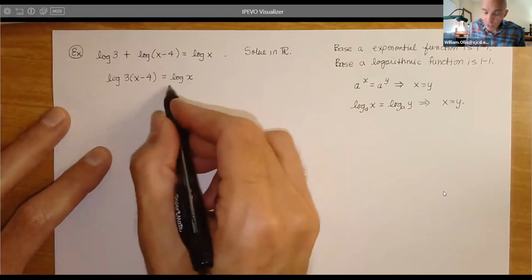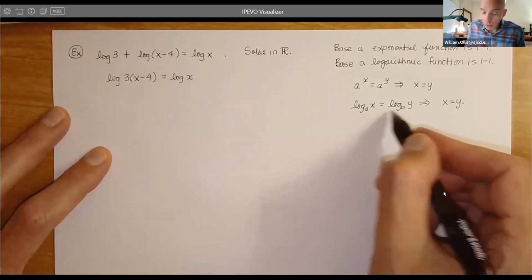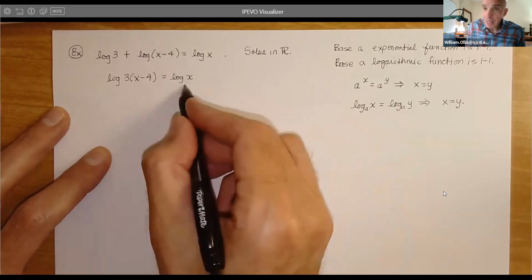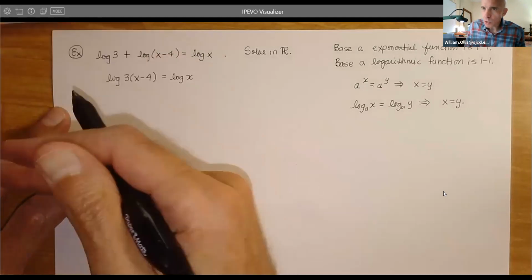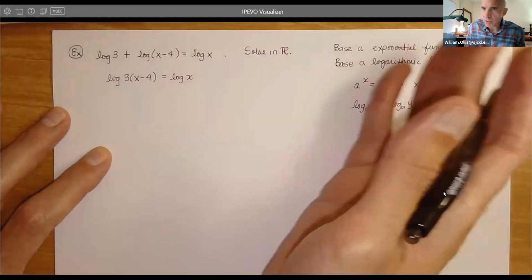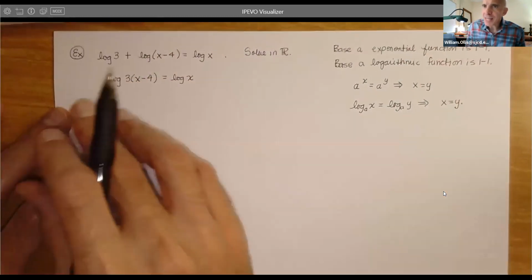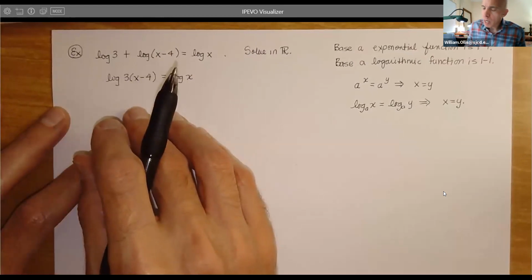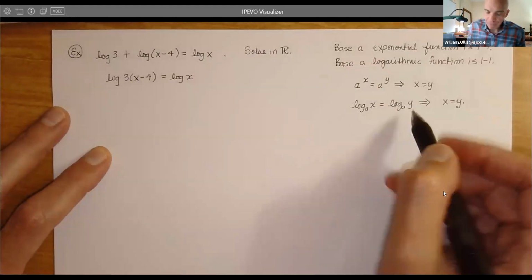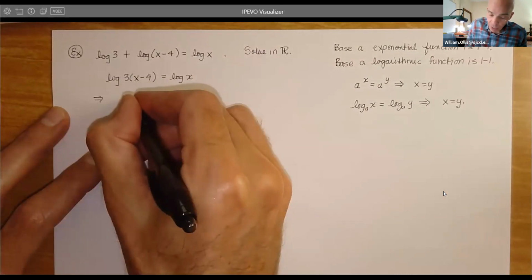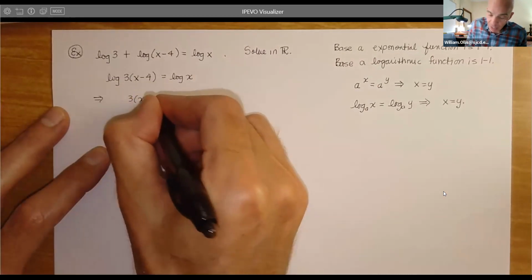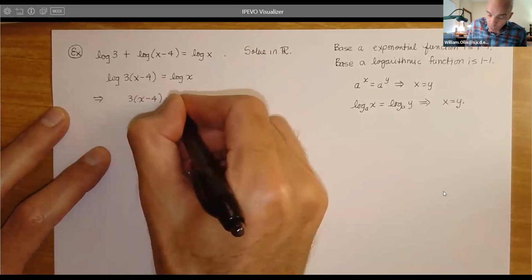So now notice we have 1-to-1. We have a logarithm equals a logarithm. Of course, we could subtract the logs and do a quotient and all of that, but that's more work than we want to do. We'll just go ahead and use 1-to-1. So this will be implying the following: 3 times (x minus 4) equals x.